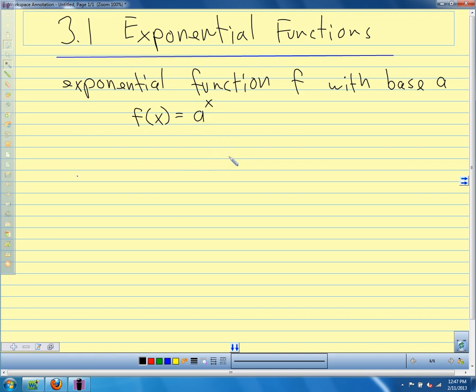And a is some number greater than 0, and we're saying that a doesn't equal 1, because then it's not really a very interesting function. A doesn't equal 1, and x is a real number. So this is what we're talking about when we're talking about an exponential function. We have some base that stays the same, and we're raising that base to a power.